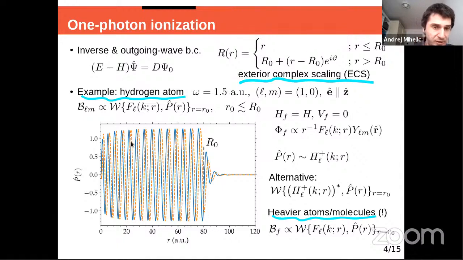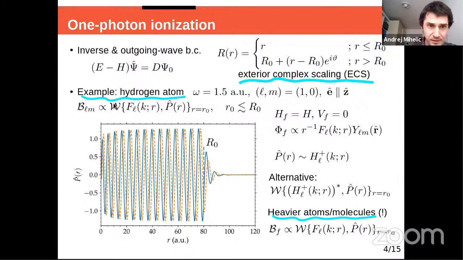So plotted here is the radial function of this solution psi hat for a specific channel. As we can see, this wave function reaches asymptotic behavior inside this non-scaled region of space. And this means that it can actually be written in this asymptotic region in a form of an outgoing Coulomb wave.